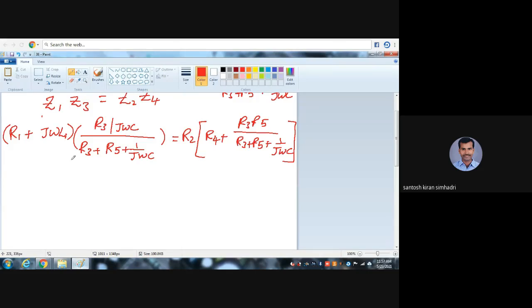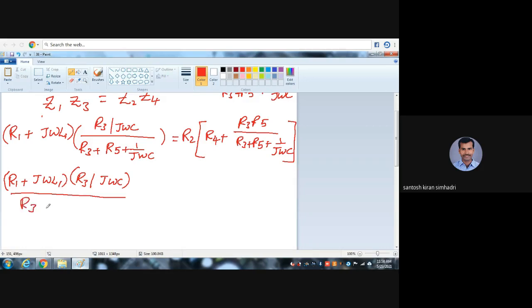Okay. Then this is R1 plus j omega L1 into, directly I can write, R3 by j omega C by the total expression. One second, there is no perfect line here.